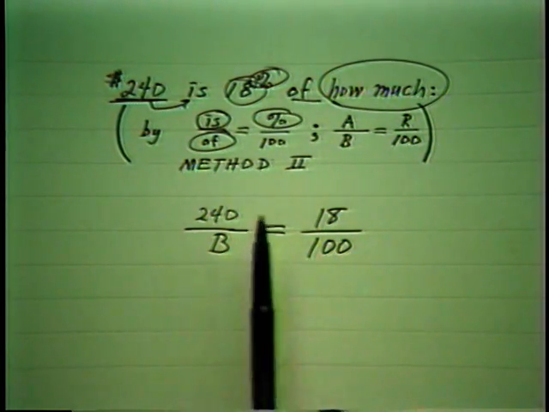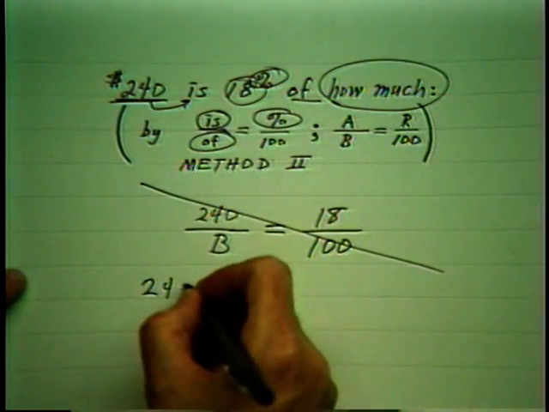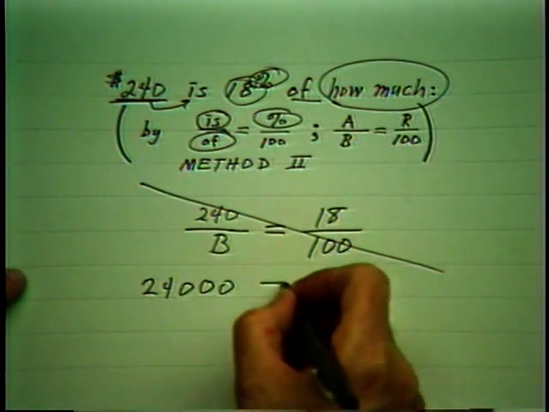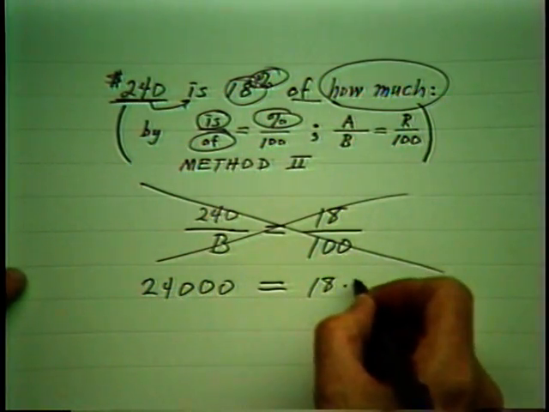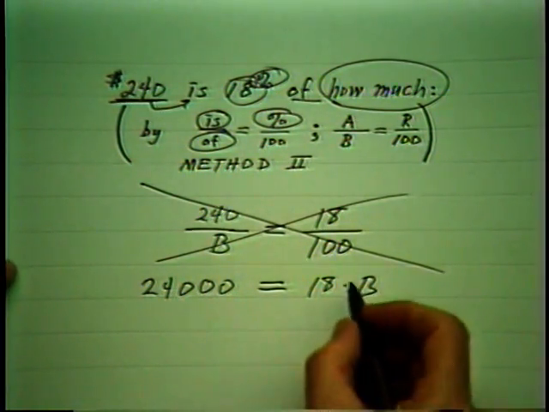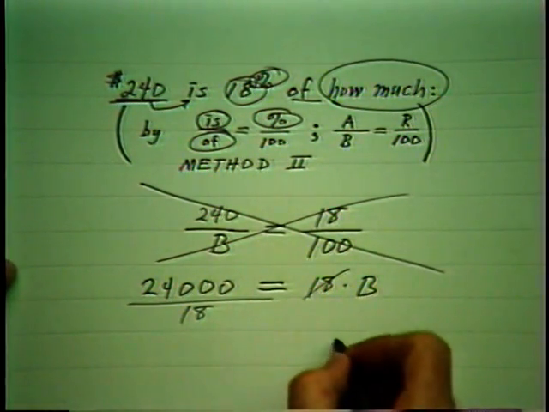Now remember, in solving a proportion, we take this top times that bottom, set it equal to this bottom times that top. Then divide both sides by the multiplier of the unknown. Then do the division.